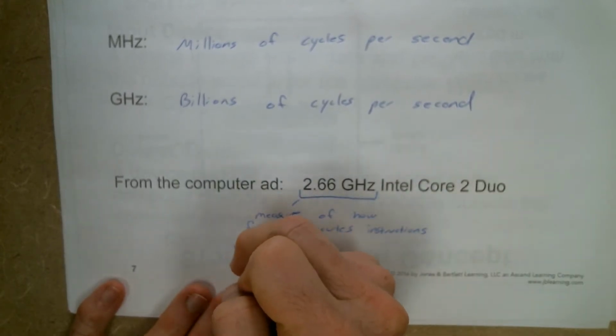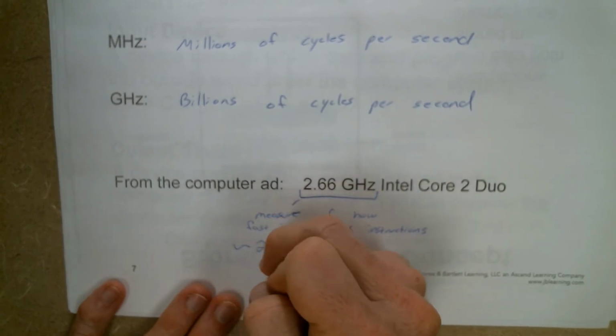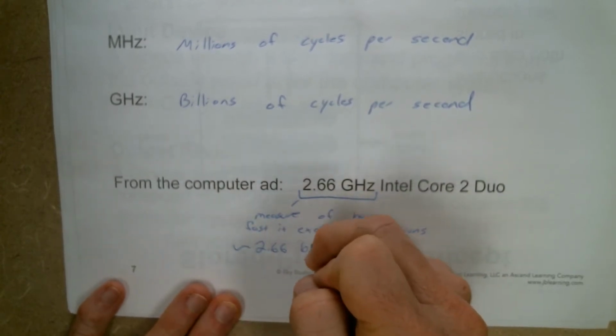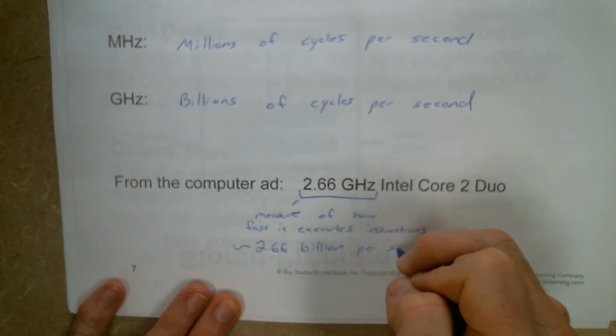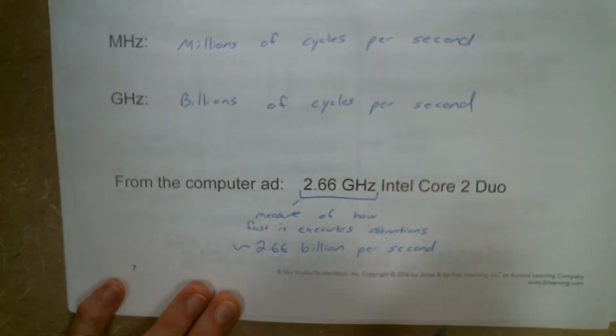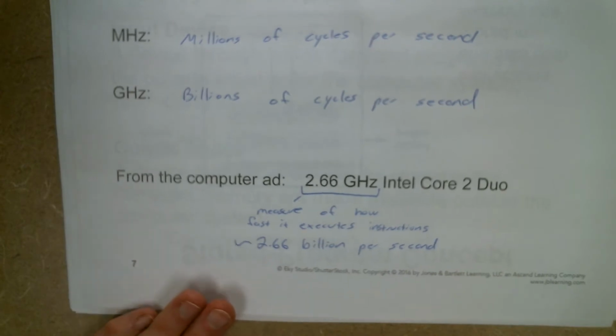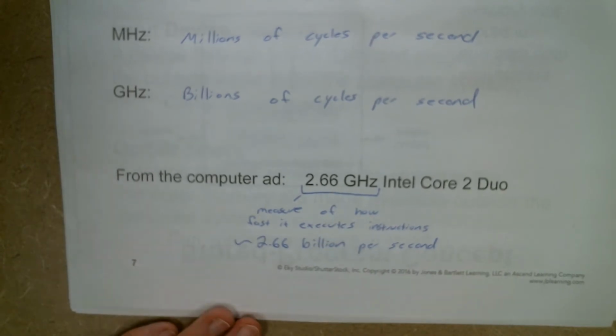So this processor is roughly doing 2.66 billion instructions per second, which seems like a lot, and it is a lot, but you have to remember that individual instructions are super simple.